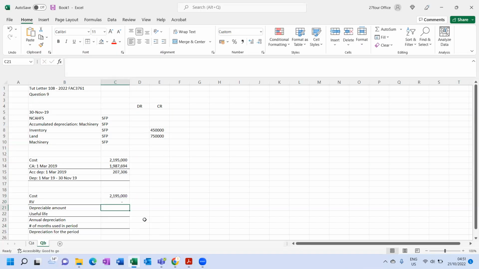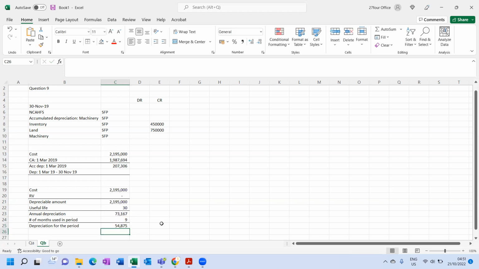So no residual value, and this is going to be that minus that. Useful life is 30 years, so annual depreciation is that divided by 30. Number of months used: March, April, May, June, July, August, September, October, November. So it's 9 months. Therefore we say that divided by 12 times 9. That is the depreciation for that period.